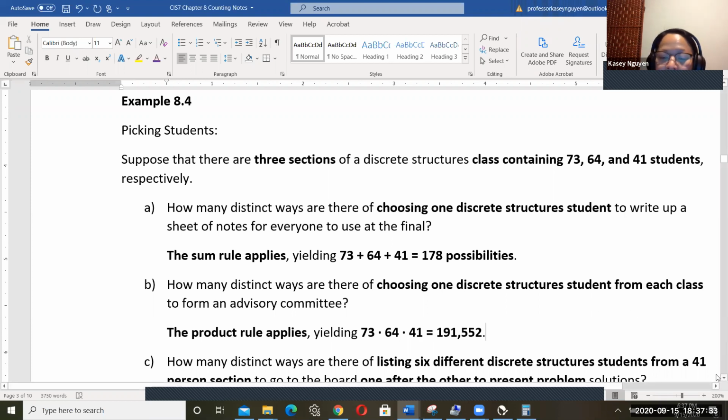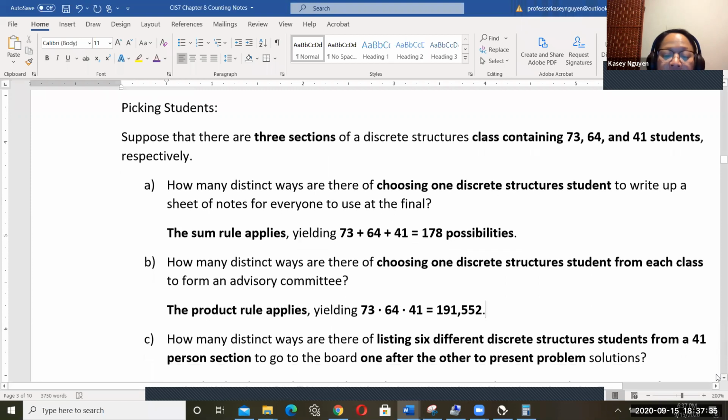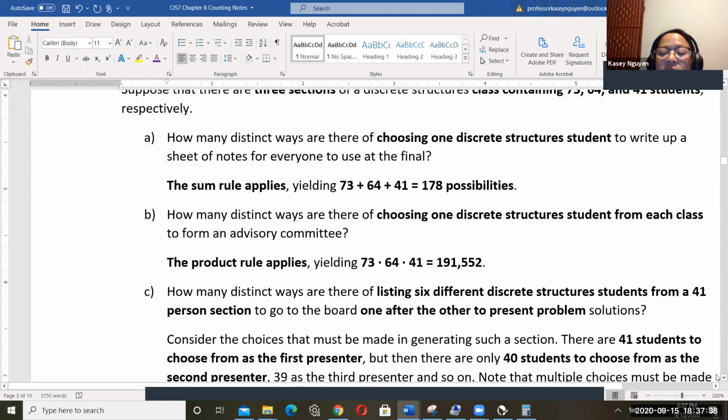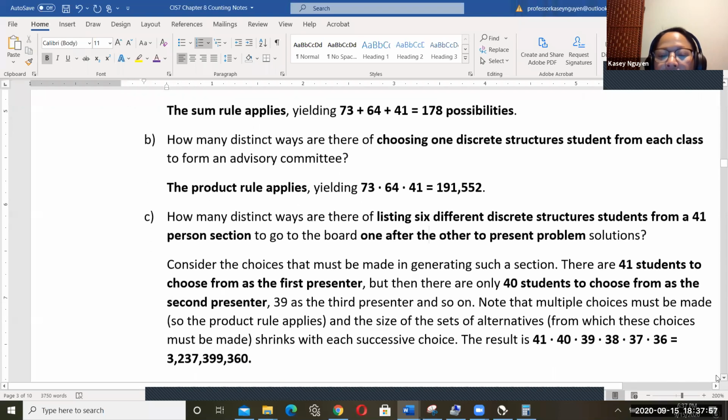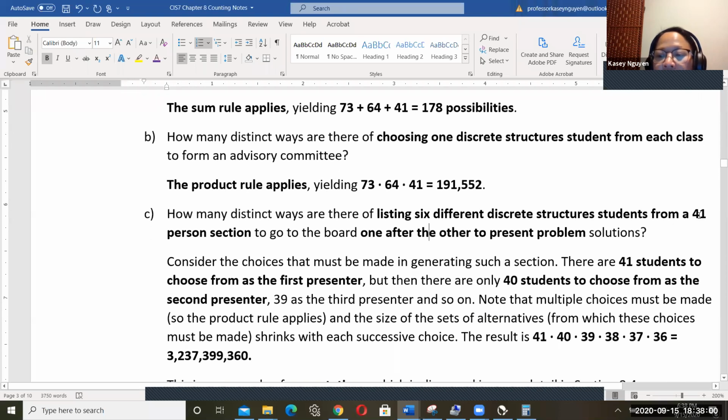On the next one, it asks you how many distinct ways are there to list 6 different students from the third section, the 41 student class, to select them to go on the board one after the other to present the solutions. Okay. So we know that we start with the 41 student, we pick one, that person goes on the board, write it up, the solution.